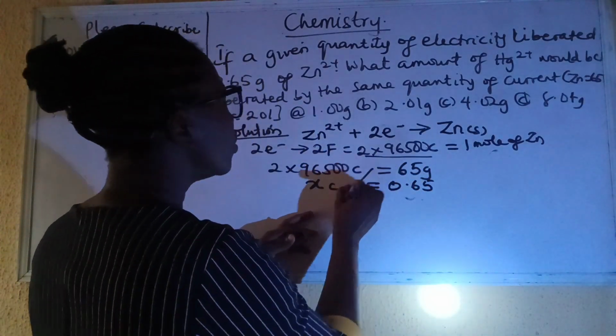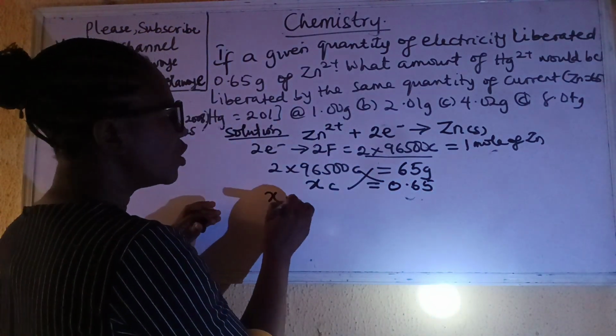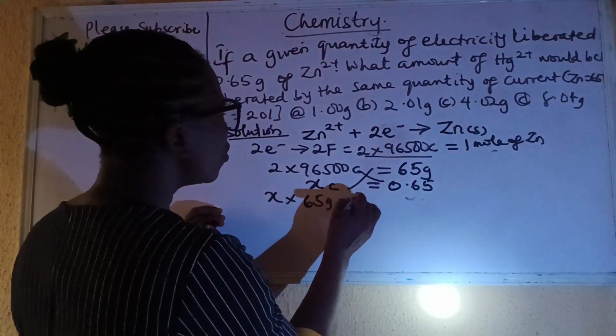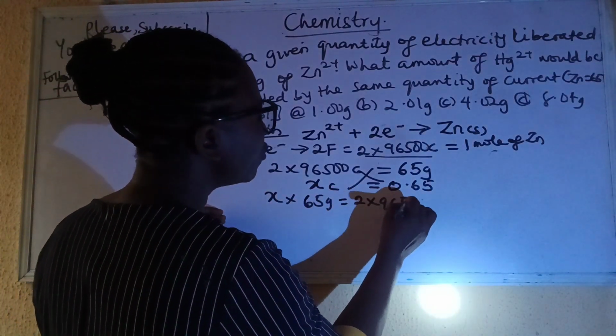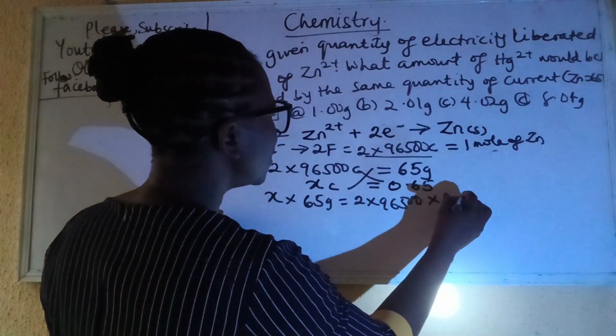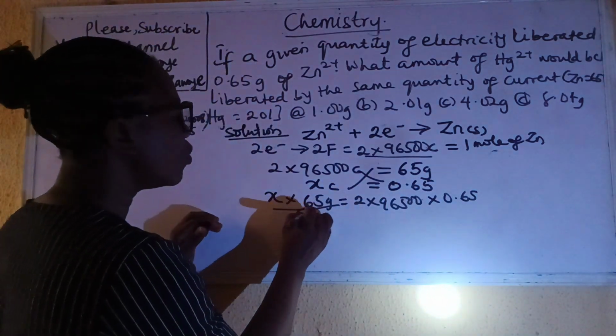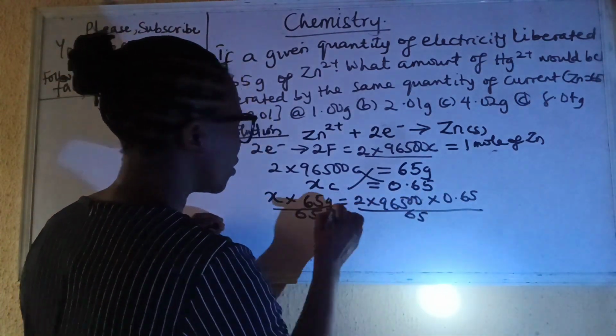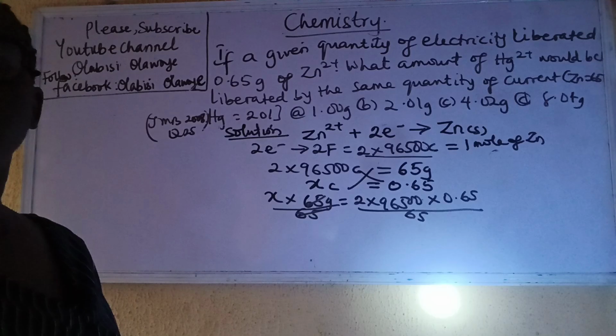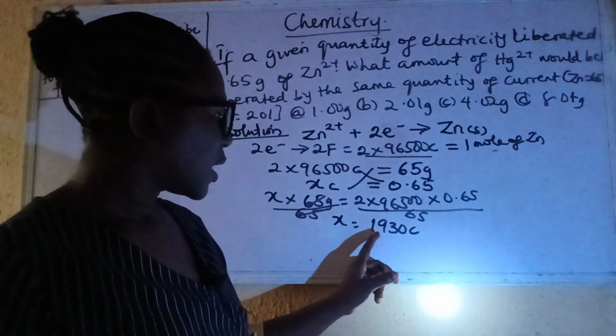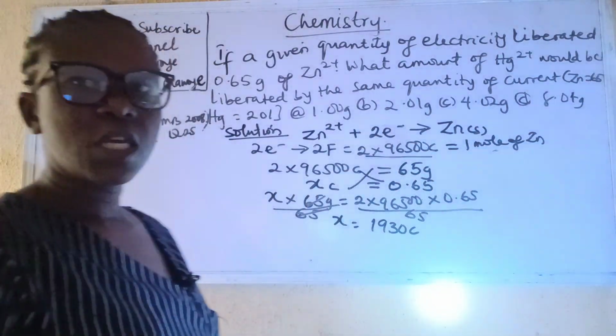That is what we want to find out. X multiplied by 65 gram equals 2 multiplied by 96,500 coulombs multiplied by 0.65. So dividing both sides, we have 1,930 coulombs.